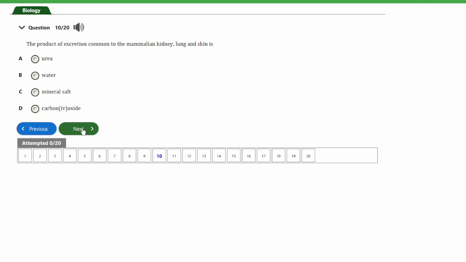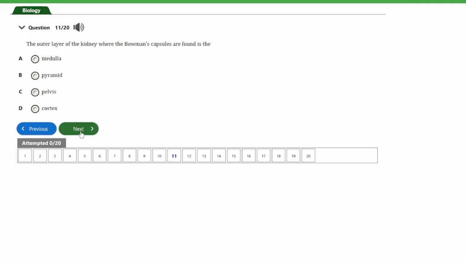So guys, the answer to this question is option B, and that's water. Actually, water is the product of excretion that is common to the kidney, the lungs, and the skin. Water is removed from the kidney, from the lung, and from the skin. So guys, the answer to this question is option B.